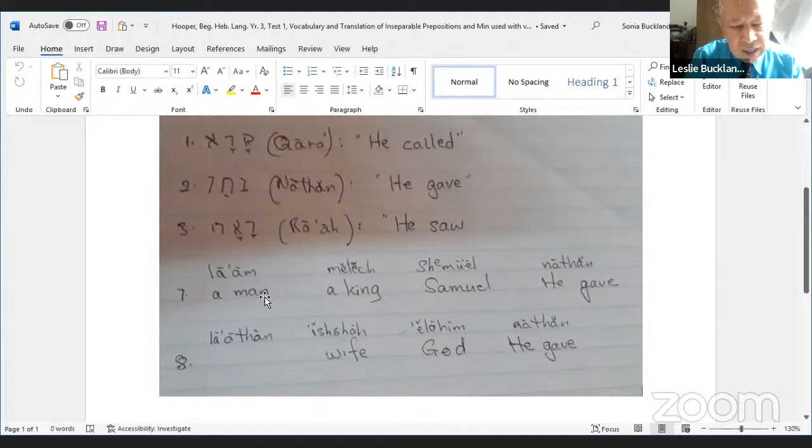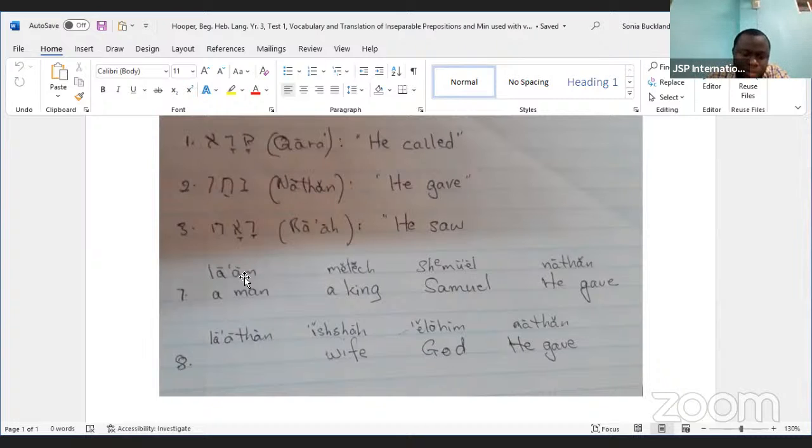It was translated here as a man, but the word man is from the Hebrew. Can anybody remind me of the Hebrew word that is translated as man? Adam, or our Adam, A-D-A-M or A-T-H-A-M, that means man or a man.